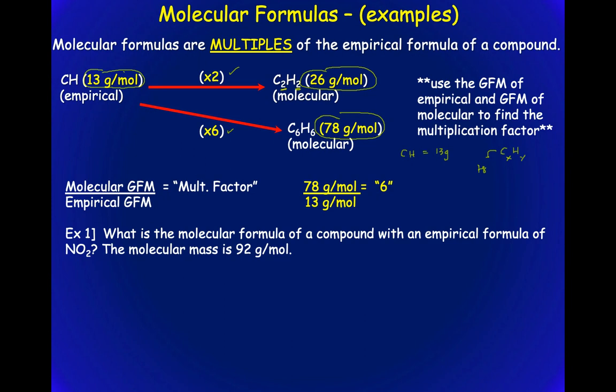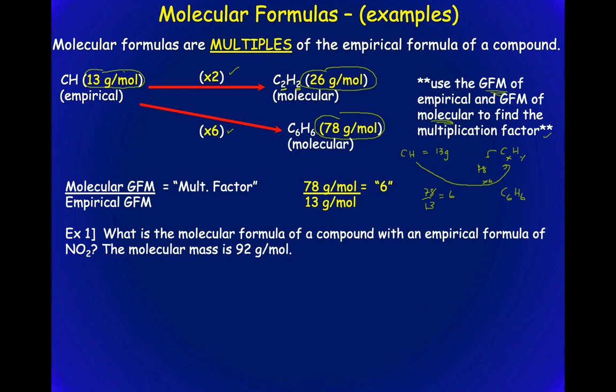Then I can take 78 and divide that by 13, like you see here in the example, and when I do that, I get 6. And that's how I know to multiply this by 6 and get C6H6. So we're going to use the GFM of the empirical and the GFM of the molecular to find that multiplication factor, whether it's 26 or 78.